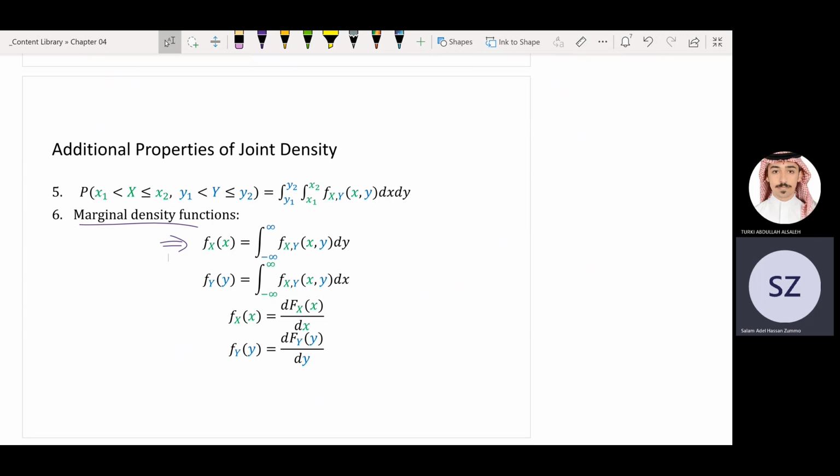Now, if I want to find the probability that x is between two values and y is between two values, then I double integrate the PDF over these two ranges. For y, I integrate between y1 and y2. For x, I integrate between x1 and x2.